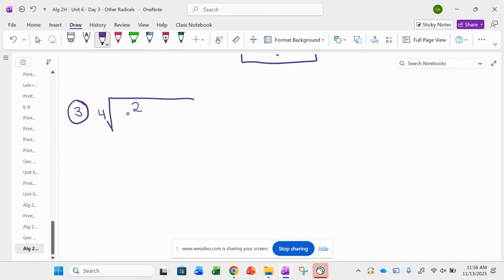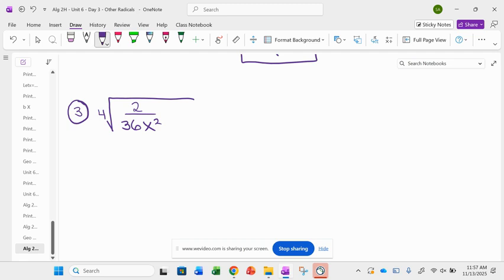The fourth root of 2 over 36 x squared. Before I separate this, we have 2 over 36.